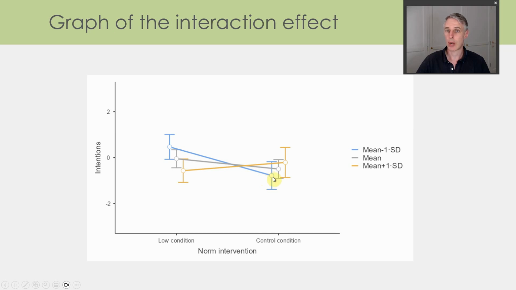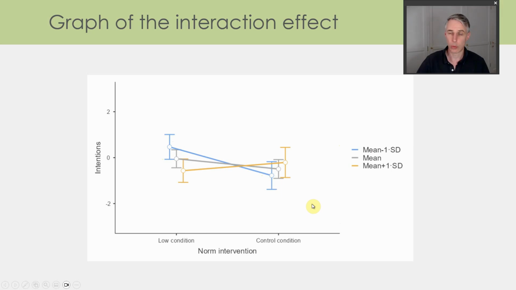So not only was the interaction not quite of the shape that the researcher predicted, the norm intervention itself seems to be having what you might call a backlash effect. People who see the norm intervention, at least when they have low identification with the group, are reporting higher, stronger alcohol consumption intentions compared to when they're given no information.